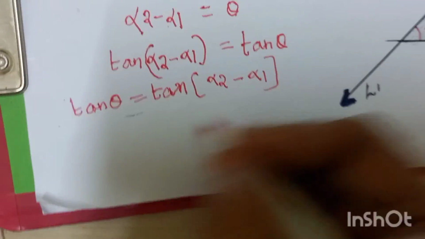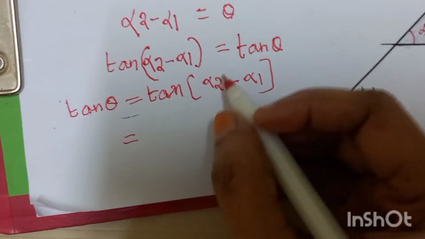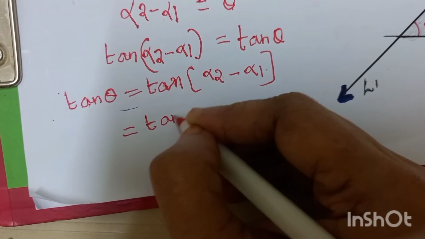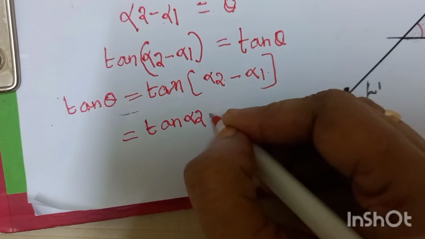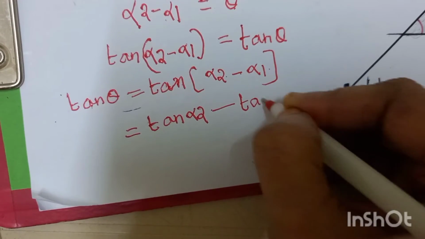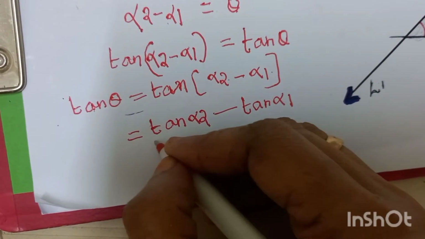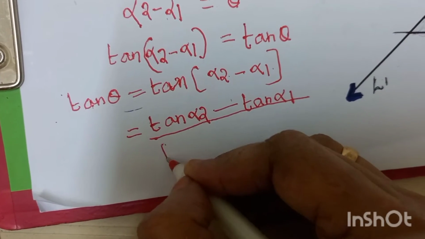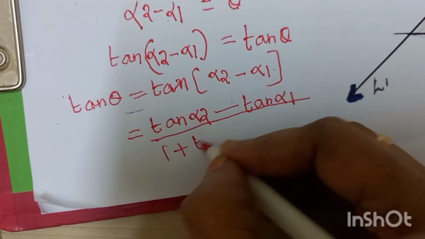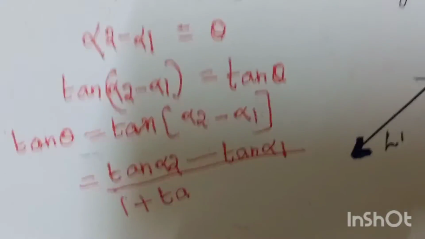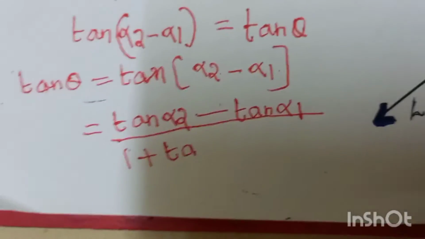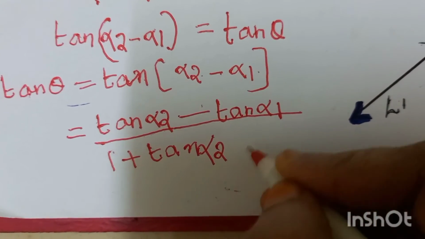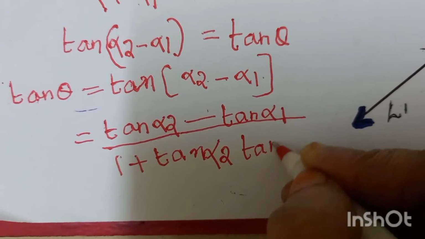Using the formula, we get tan alpha 2 minus tan alpha 1, whole divided by 1 plus tan alpha 2 into tan alpha 1.